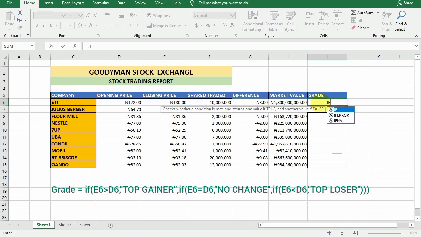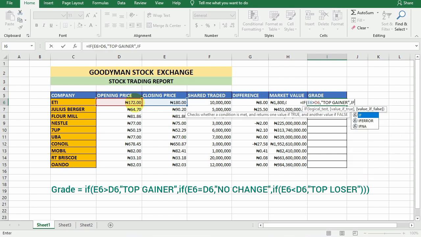Let's say equal to, IF, bracket open, the closing price is greater than our opening price, comma, let it be called top gainer. Then you close the quotes, comma. Whatever you're typing, don't put space except between words like top gainer or no change.